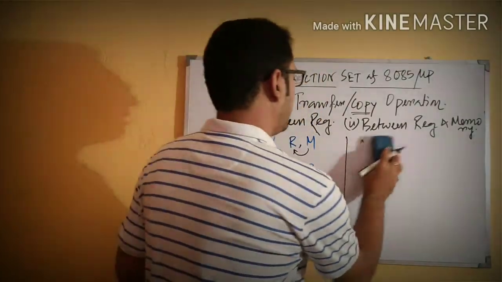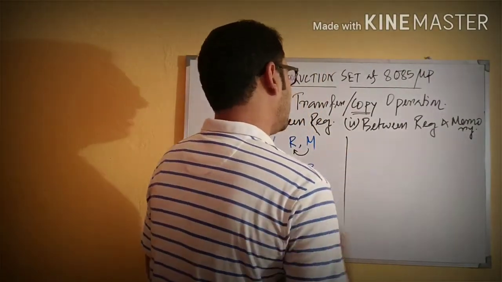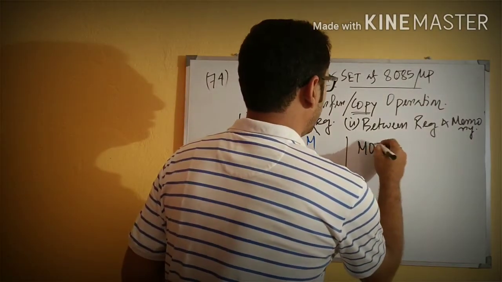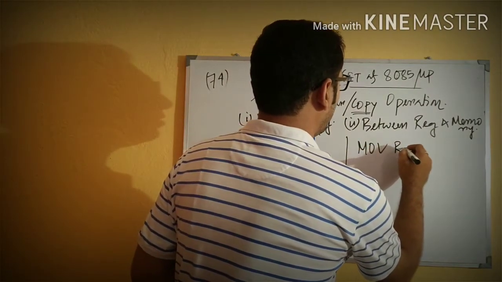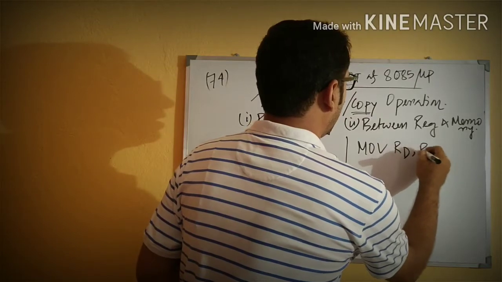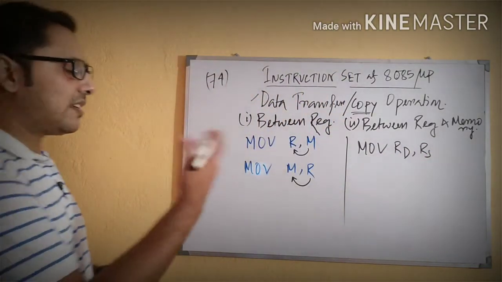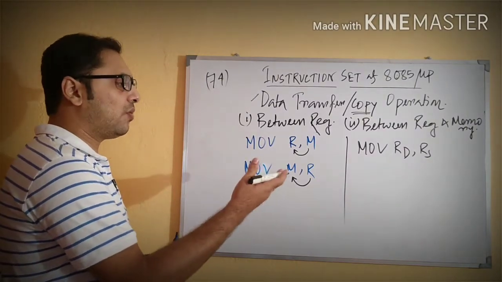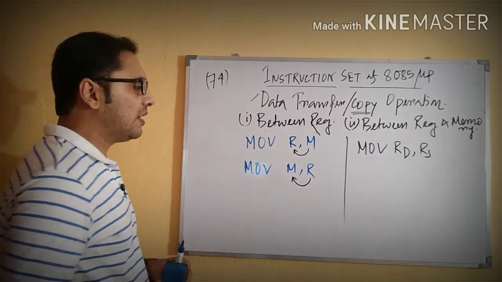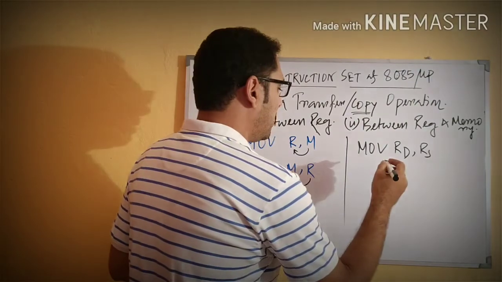Sorry, ADD we have not discussed till now. Take the previous one, that is MOV RD comma RS. This is known to us. That is the instruction that we have written in English-like words, which is called mnemonics. Now each instruction has two parts.